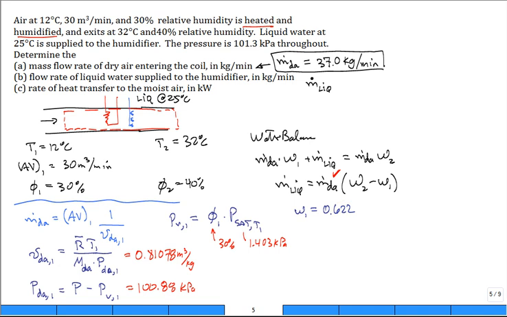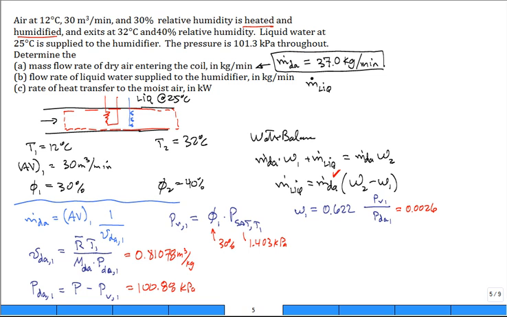It's the molar mass of water vapor divided by the dry air molar mass, times the partial pressure of the vapor over the partial pressure of the dry air. And that's all inlet. We calculated those, so we find that this humidity ratio coming in is 0.0026. It's dimensionless. Sometimes I like to put kilogram vapor per kilogram dry air.